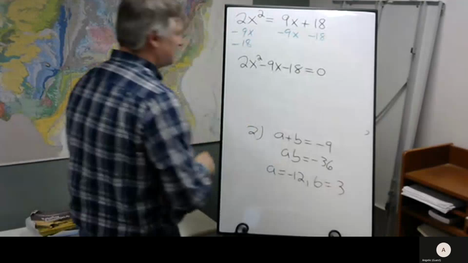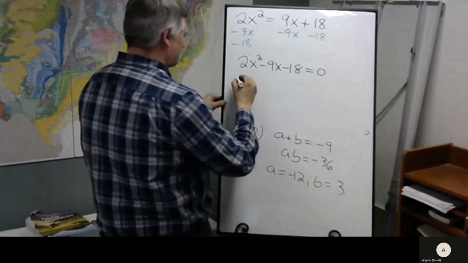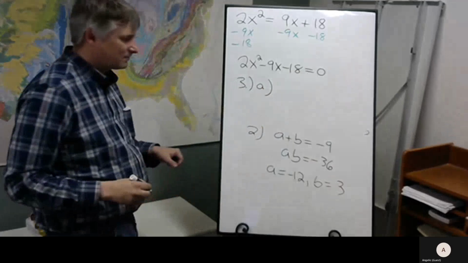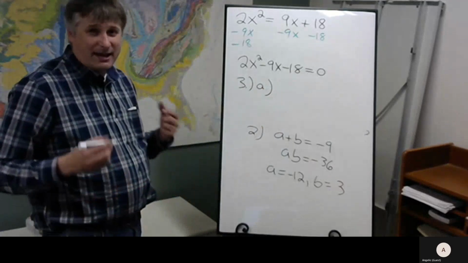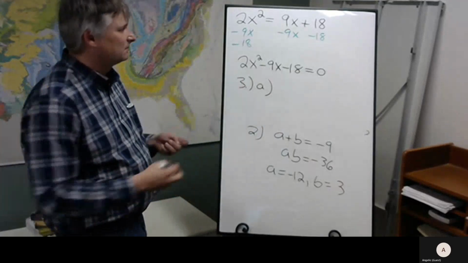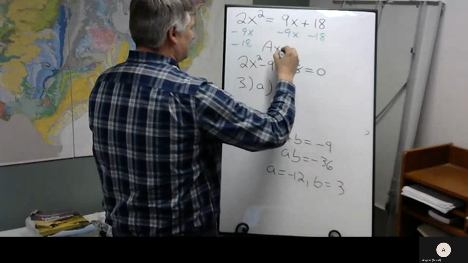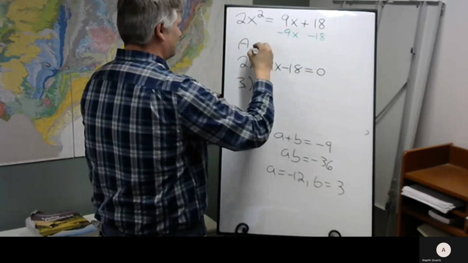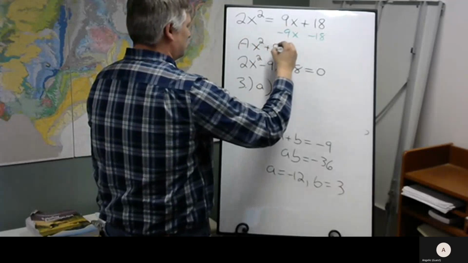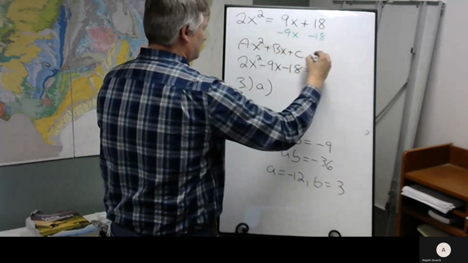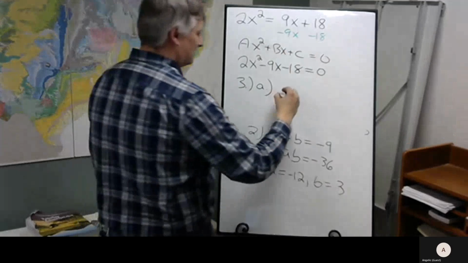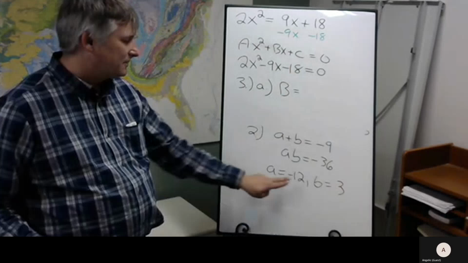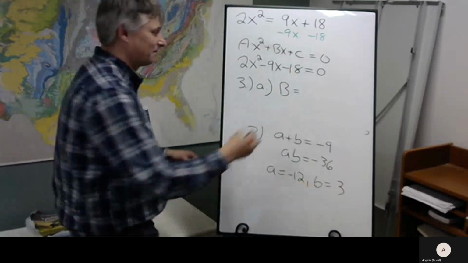So for step 3, so this will be sort of step A. We're going to take that capital B that's in the middle, we'll rewrite it as little a plus little b.